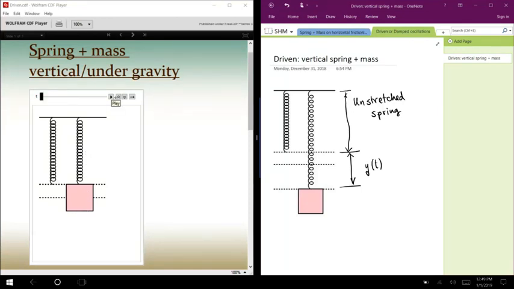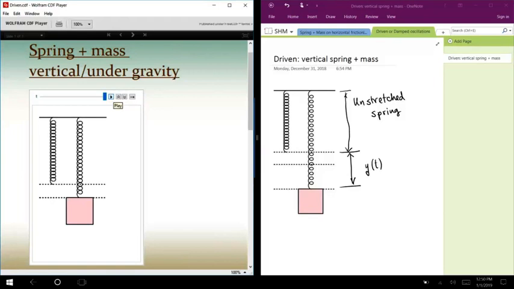So let's look at what happens when we start this system. So I let go of the block, and so it's going to first move downward and then back up, and it's going to keep doing that, and eventually it's going to come to an equilibrium. And the equilibrium position for the block will not be the same as that for the unstretched spring.